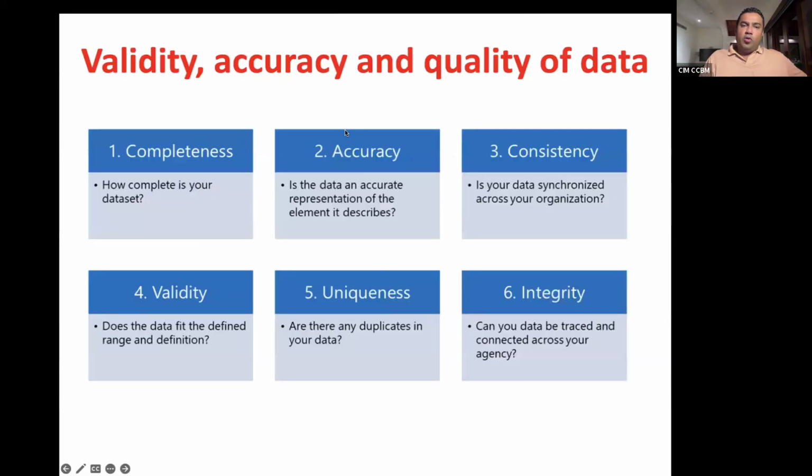So when we talk about data, guys, it's very important that you, first of all, collect data, because some companies don't even collect data. So the first step is, please have a mechanism. You can use technology. You can use manual methods. You can use iPads. You can use emails, whatever method, you have to collect data.